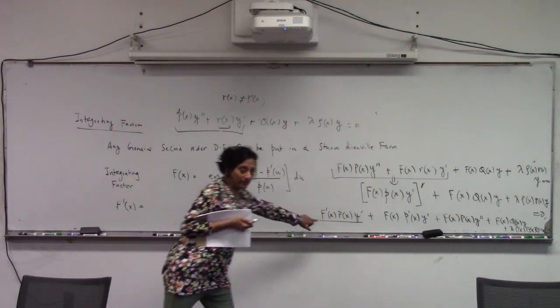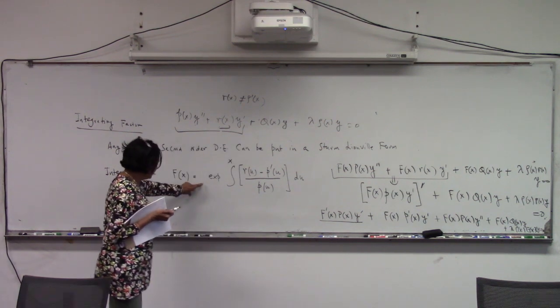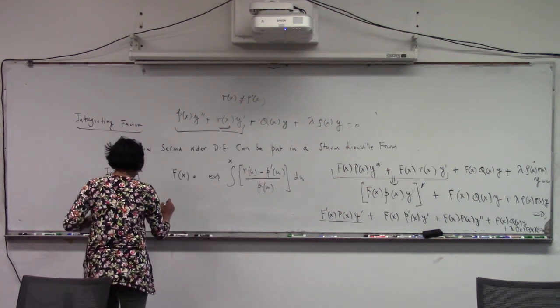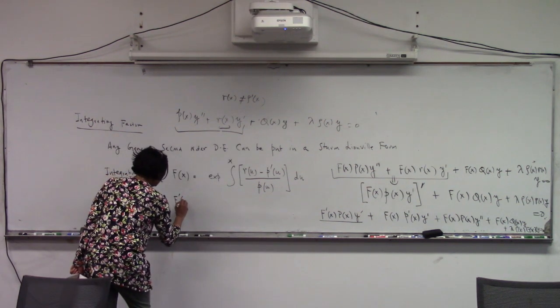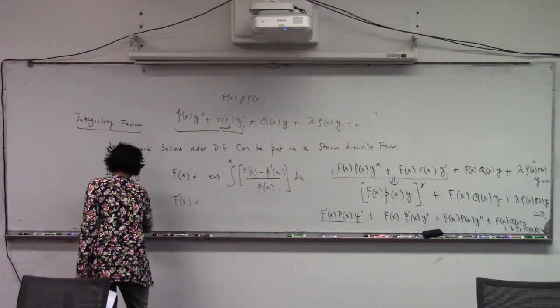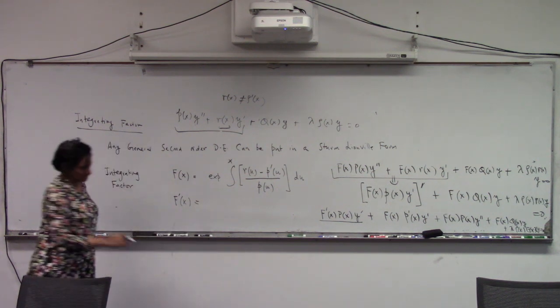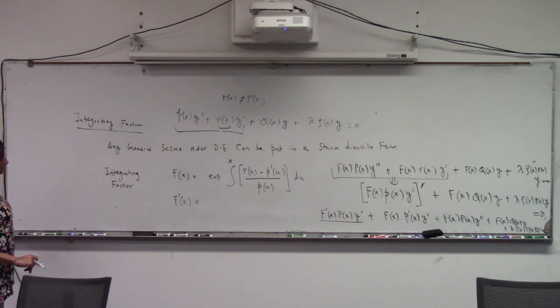Because I have an f prime here, right? So this is my integrating factor, so what is f prime of x? It's the same, multiplied by the differentiation of this, which is p prime of x. It's the same thing, I think.